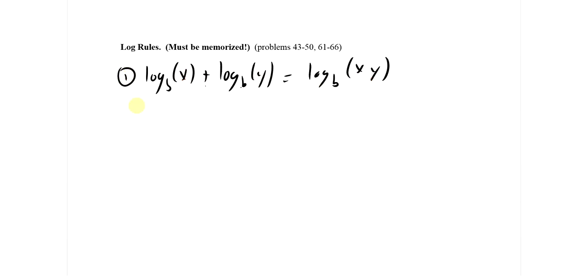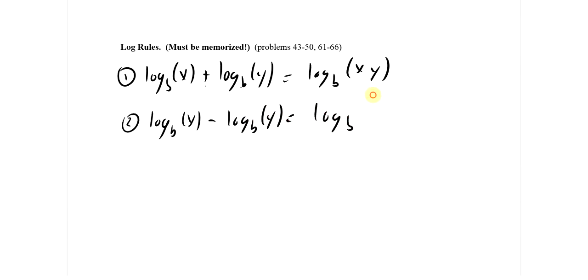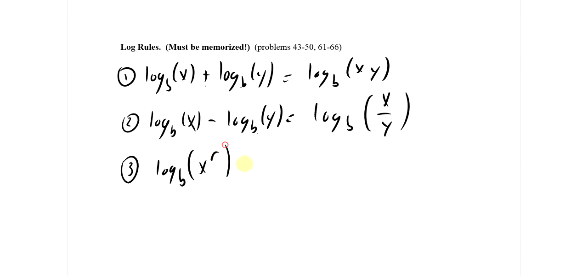And that's rule 1. Rule 2, very similar except with subtraction and division. Two logarithms, one subtracted from the other, turns into a division, one logarithm with a division inside. And rule 3, the one that's actually the most important for us, is log base b of x raised to a power.